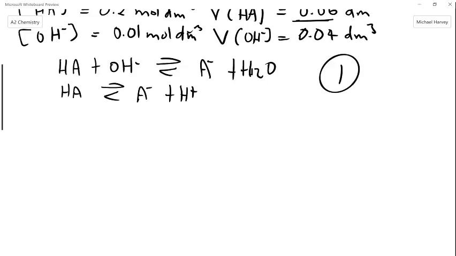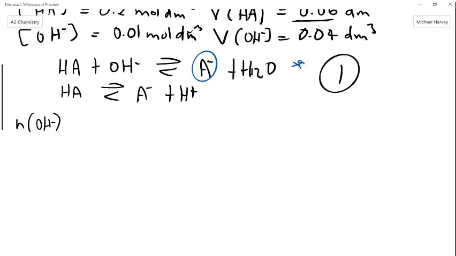Okay, so the next thing we're going to do is work out the number of moles of alkali which are being taken, and that, using this second equation, will work out the amount of A minus that's being formed.